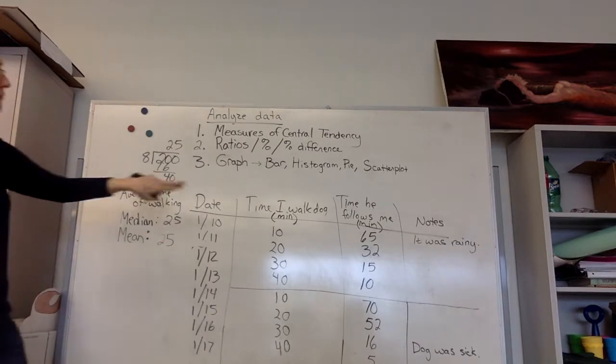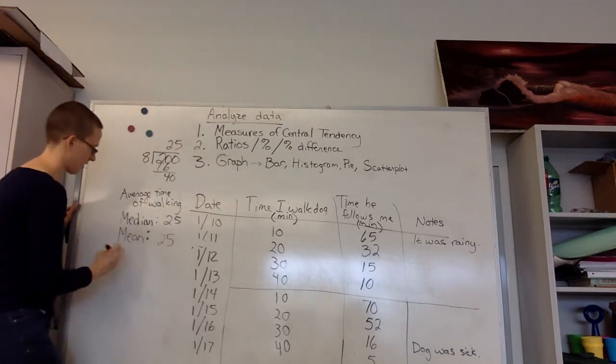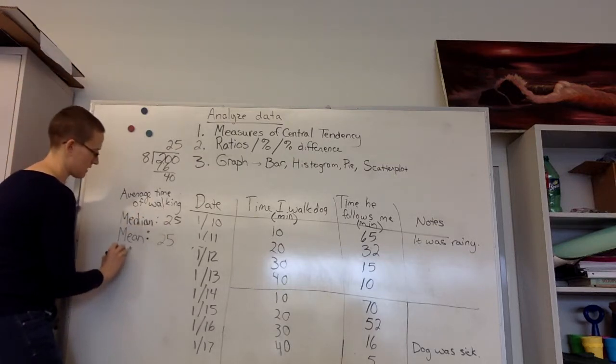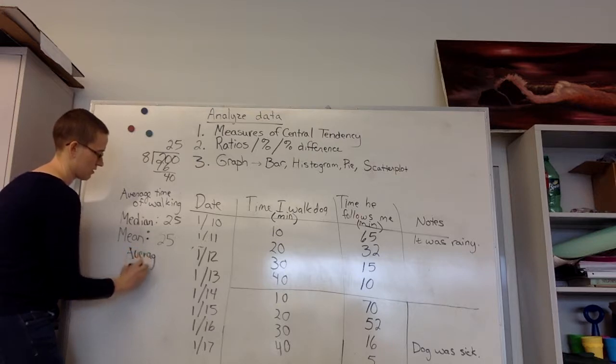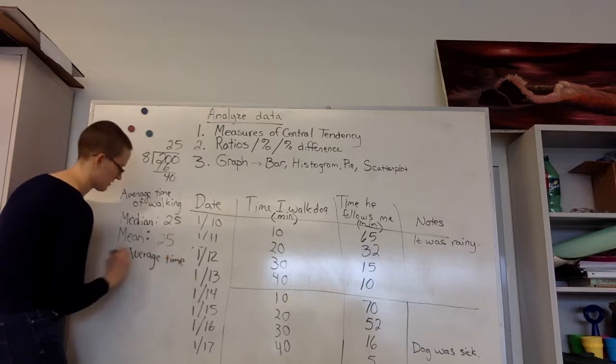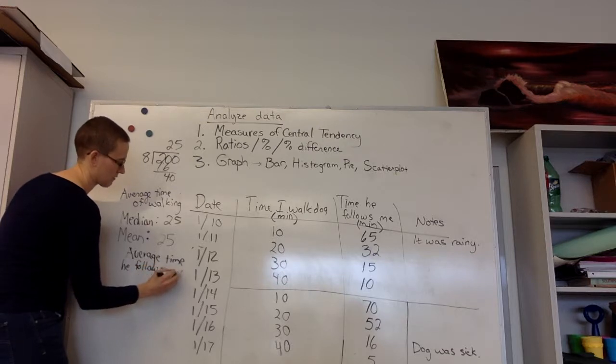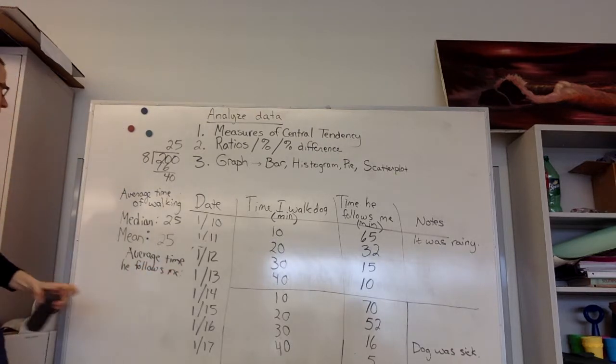Then I would do the same for the time he follows me around. I could find the average time he follows me around for the mean, median, mode. I'm not going to calculate that right now, but I would do the same thing.